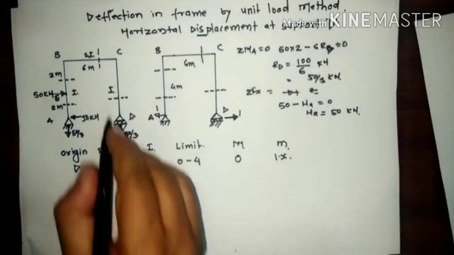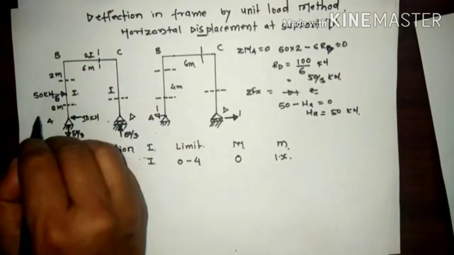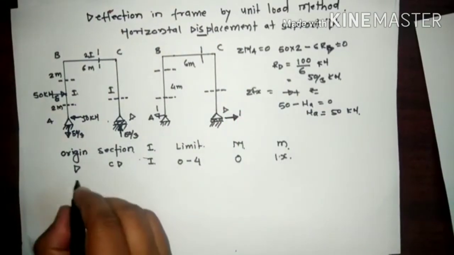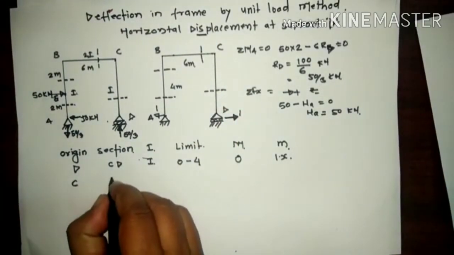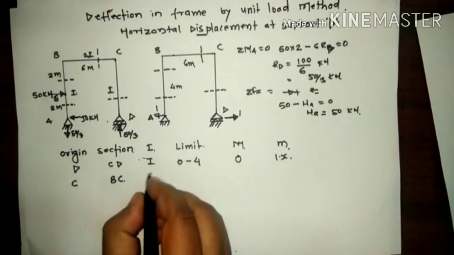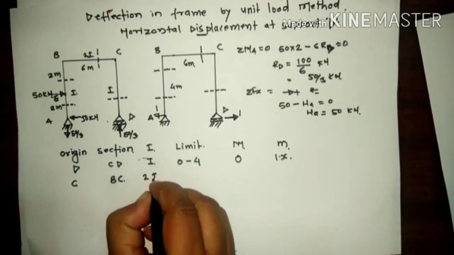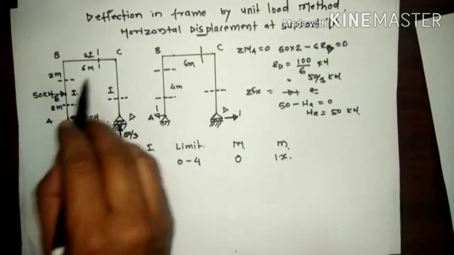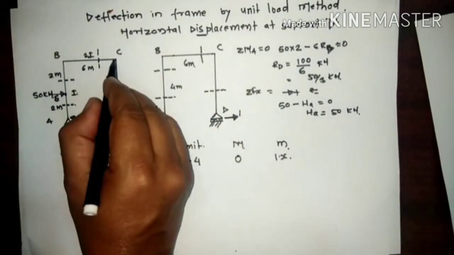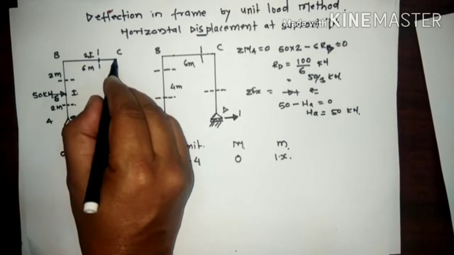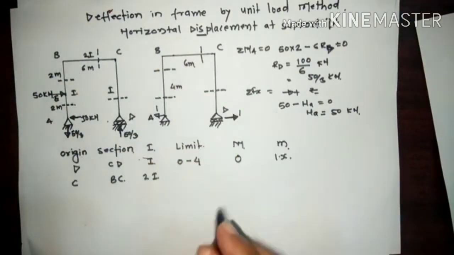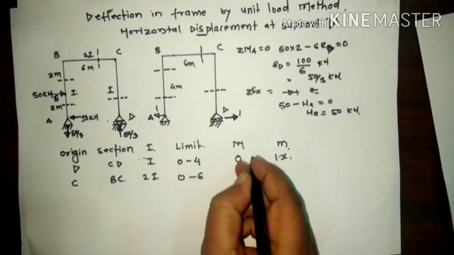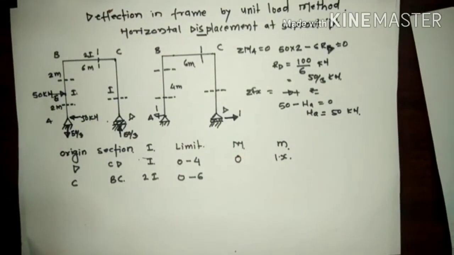Okay, now go for the second section. Suppose now we are taking the origin as C here. The span is B to C. Here I is equal to 2I, and the limit is, we are taking origin C, so the limit is 0 to 6. Now what is the M?